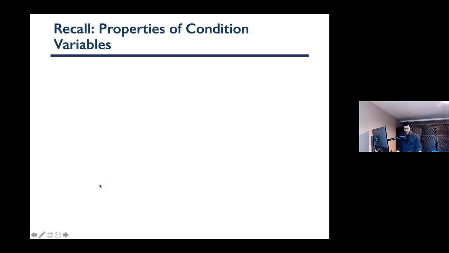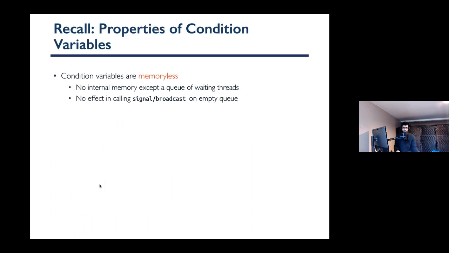Okay. Now, properties of condition variables. Condition variables are memoryless. What does that mean? It means that they have no internal memory. They don't memorize how many times signal and broadcast have been executed, or even wait. I think with wait they do memorize, but with signal and broadcast they don't. What do I mean by that?